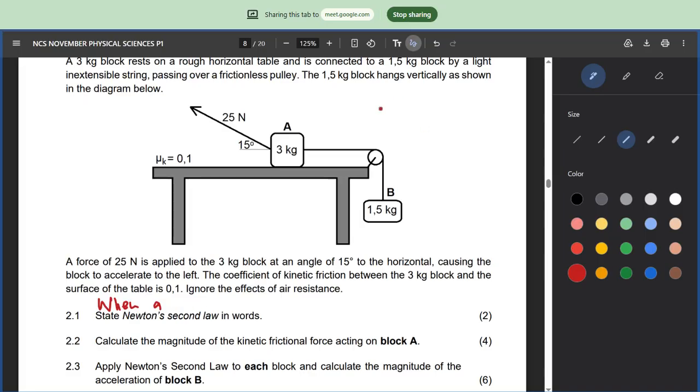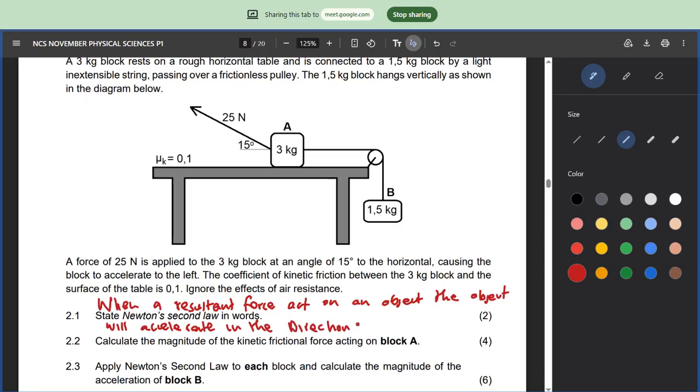It's saying that when a resultant force acts on an object, the object will accelerate in what?